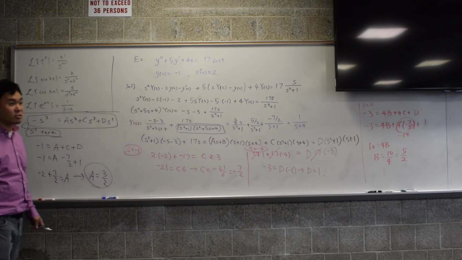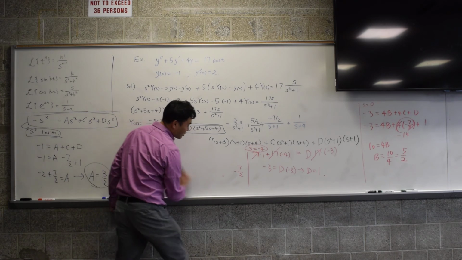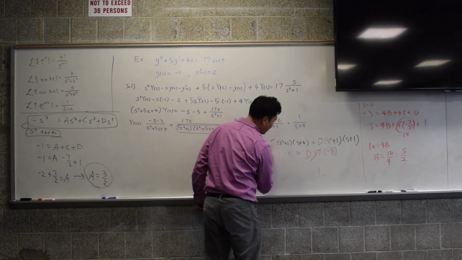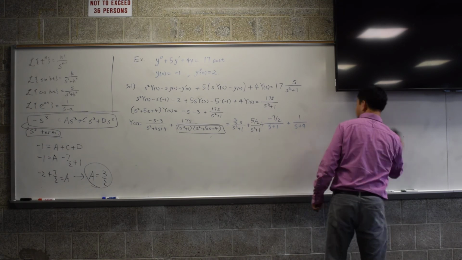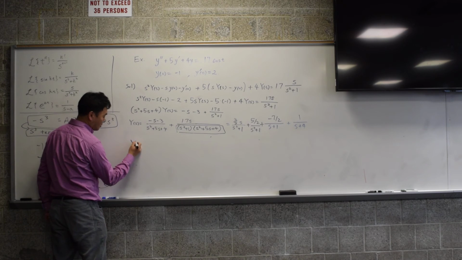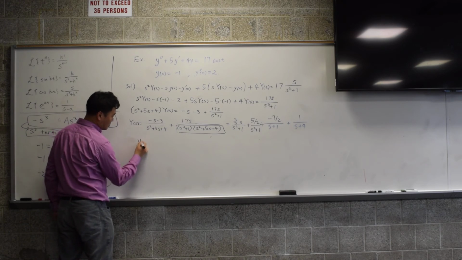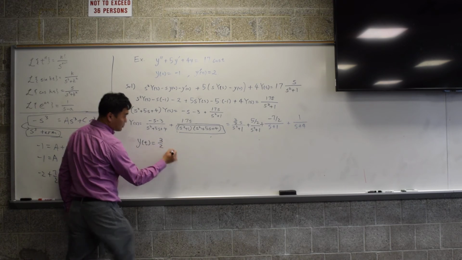Okay, do you have any questions so far? All right. Then we are in a perfect position to find what y of t is. So let's try that. What's y of t? y of t is 3 over 2.